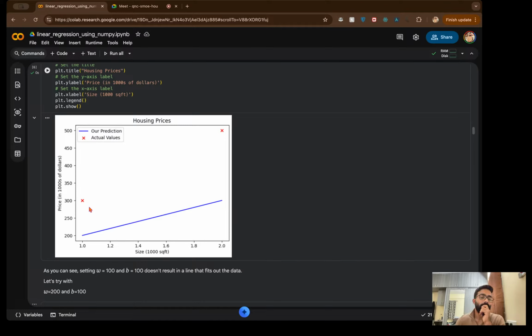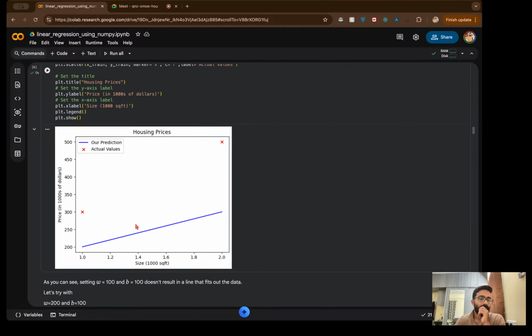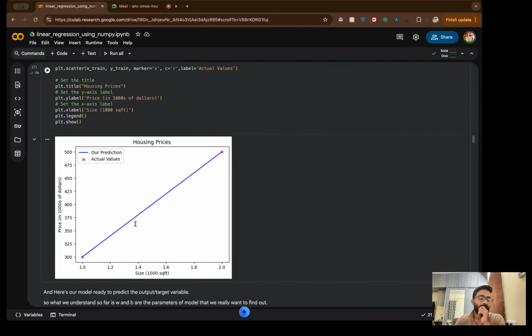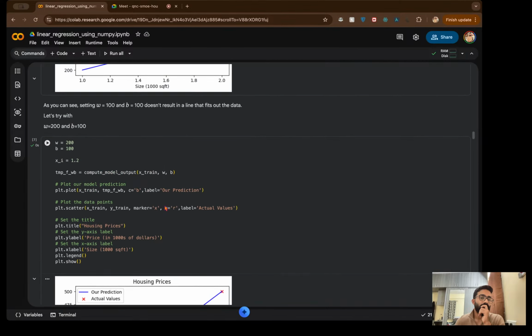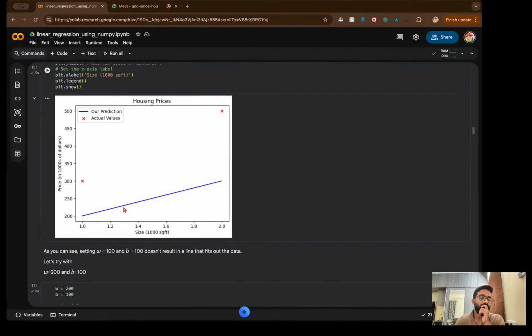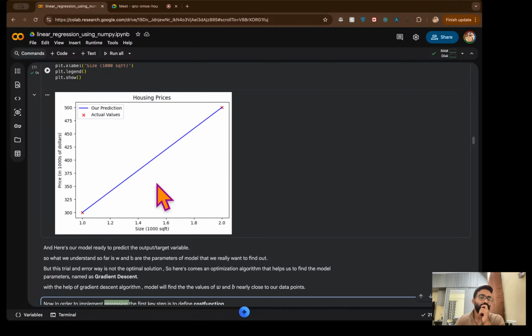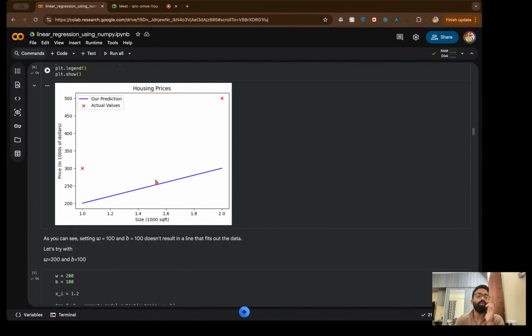That means the loss is high. There is a great loss in this function, correct? And here the loss is 0 because the line is fitting the data well. Here the loss is high and here the loss is 0. Are you able to correlate?